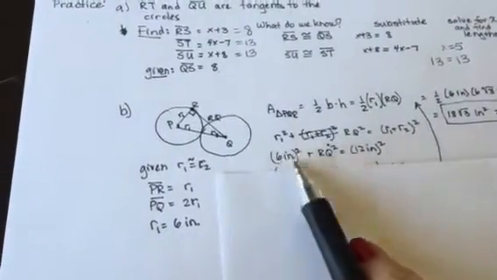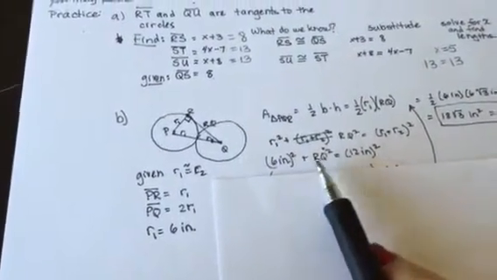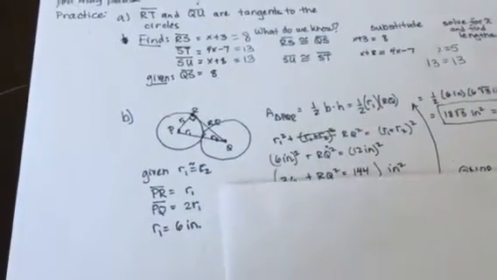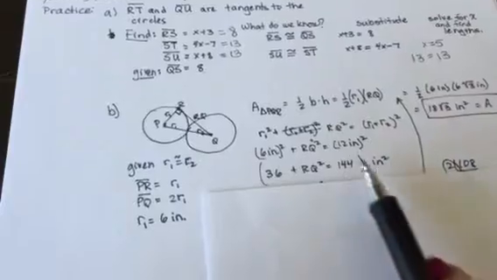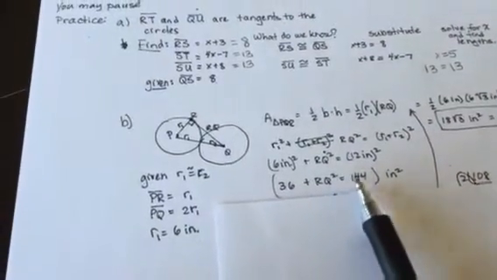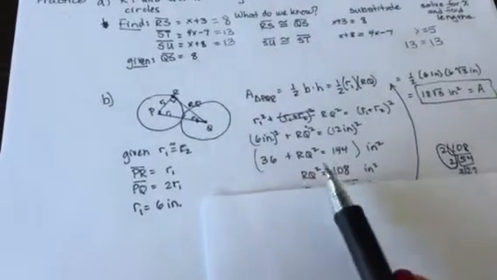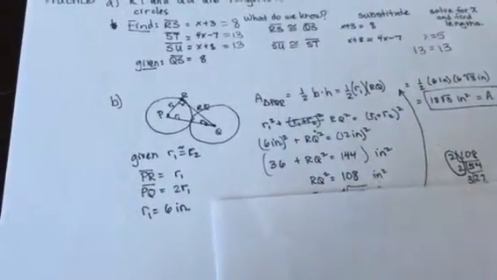That gives us 6 inches squared plus RQ squared equals 12 inches squared, which is 36 plus RQ squared equals 144. That ends up giving us RQ squared equals 108 inches squared.